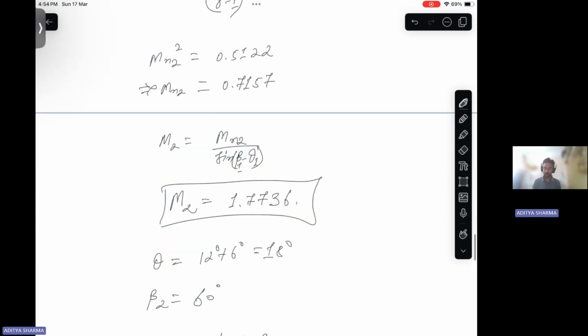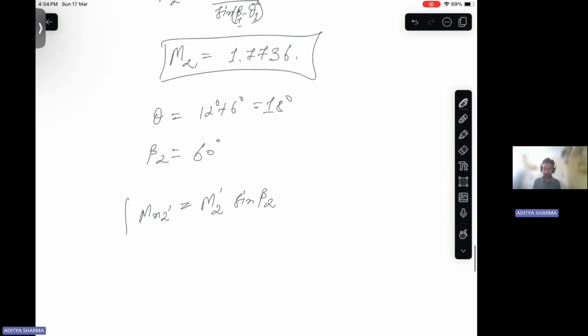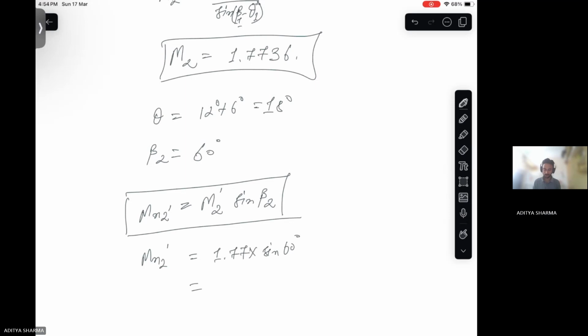And for our second oblique shock, 2 is serving as 1, that is why I'm writing it in this fashion. So in that case, Mn2 dash comes out to be 1.77 into sine 60 degrees, which comes out to be 1.5328, right?